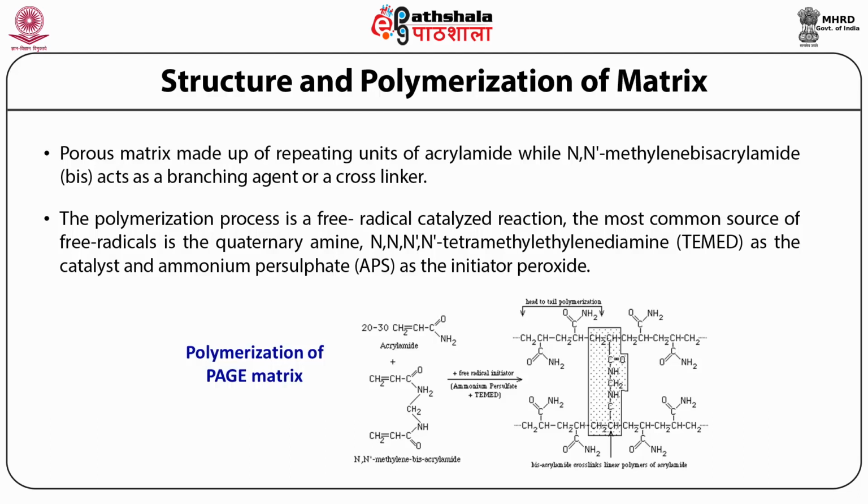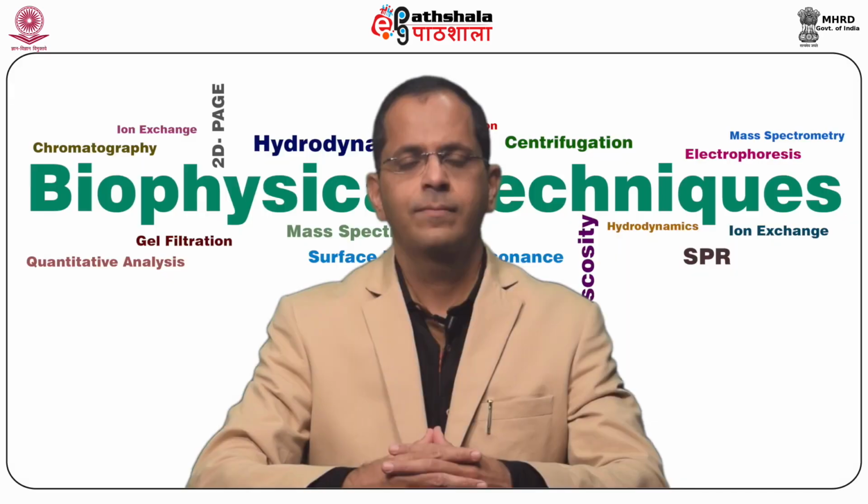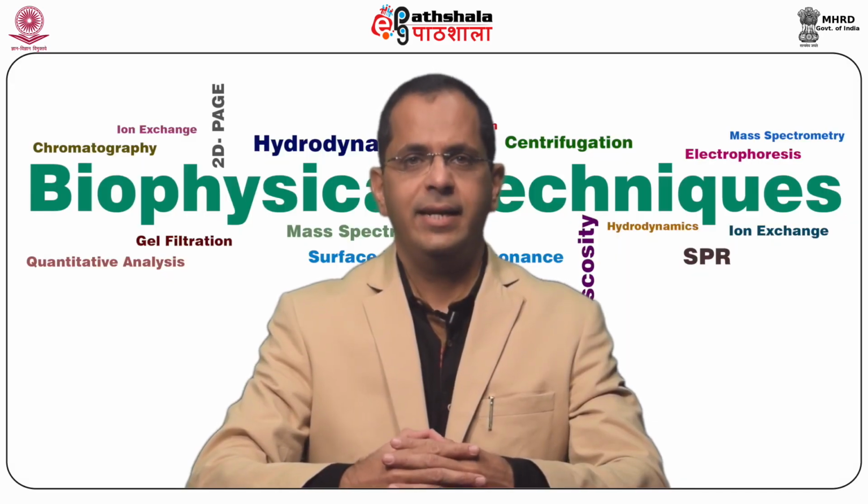We initiate polymerization by adding freshly prepared ammonium persulfate to be mixed with TEMED. The amounts of each depend on the quality of the acrylamide used and should be determined in advance by trial and error. Do's and don'ts in SDS PAGE.